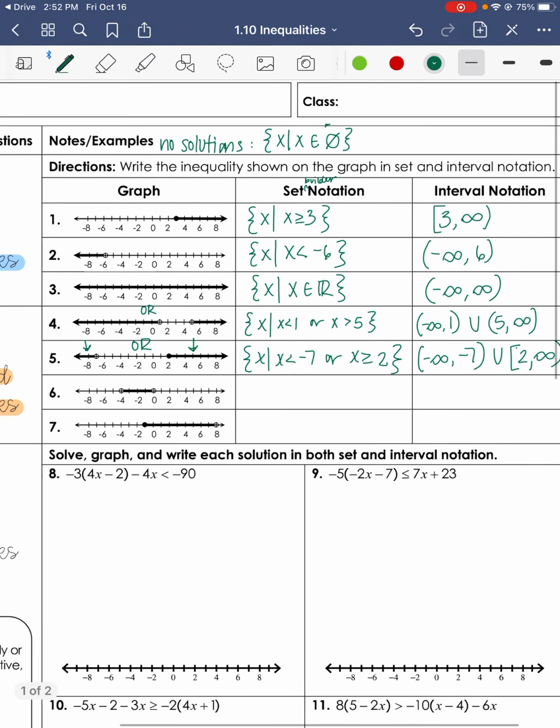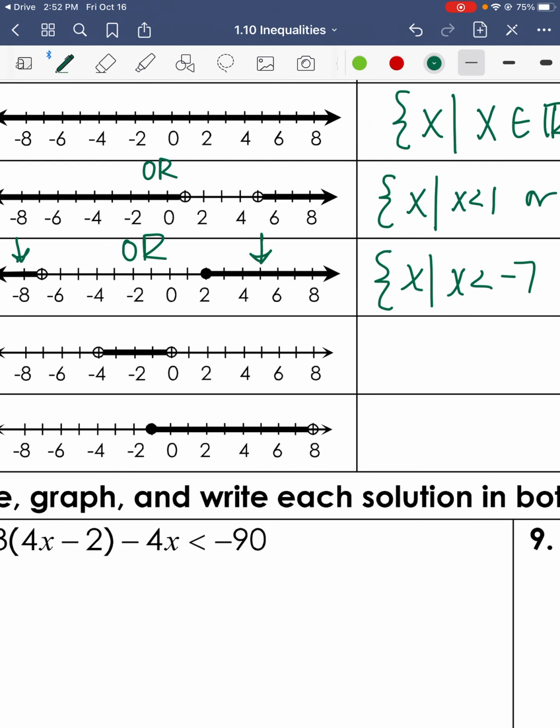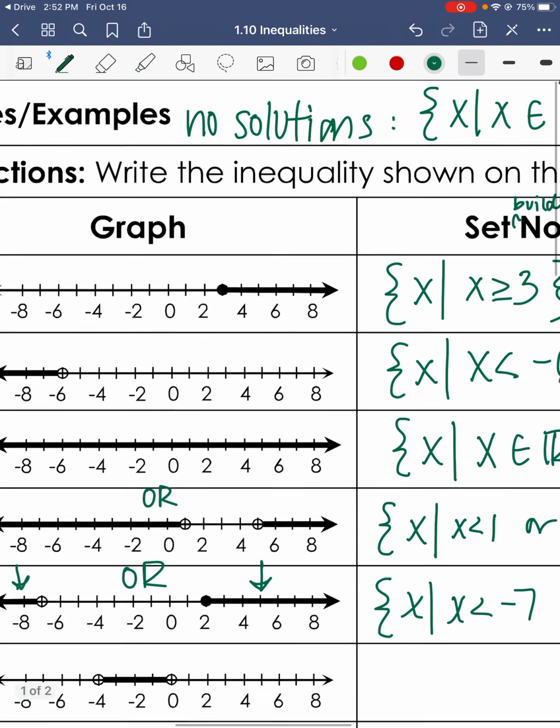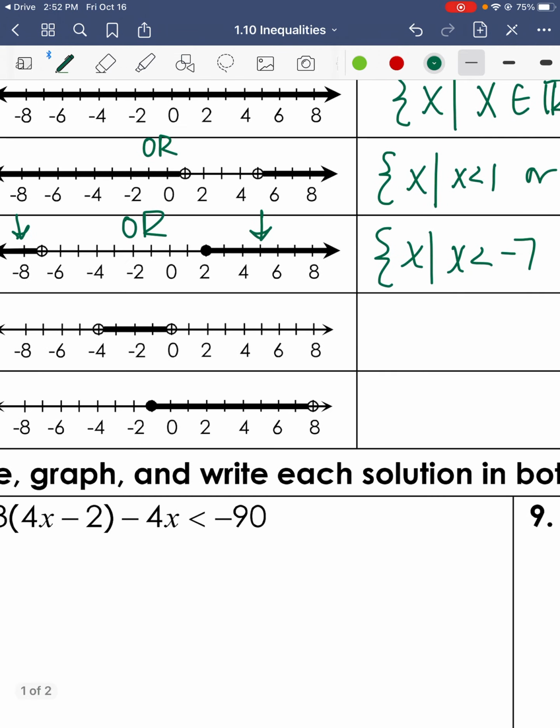All right. Now our other type of compound inequality here is an and type. This is where we have overlapping solution sets.